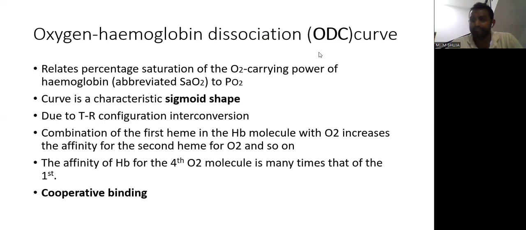Again, combination of the third heme with oxygen increases the affinity of the fourth heme for oxygen. So the affinity of the hemoglobin for the fourth oxygen molecule is many times higher than that for the first oxygen molecule. That we call cooperative binding.